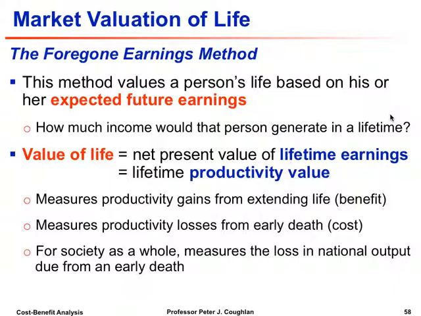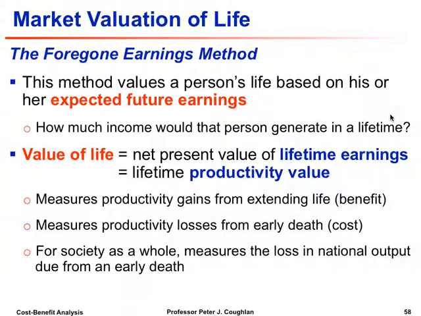The market valuation method that is commonly used is called the foregone earnings method. This method basically says that the value of your life is your expected future earnings, because that is not only what you would have earned from living, but also what your productivity would be. The idea is that your benefit to society is reflected by what society is willing to pay you.